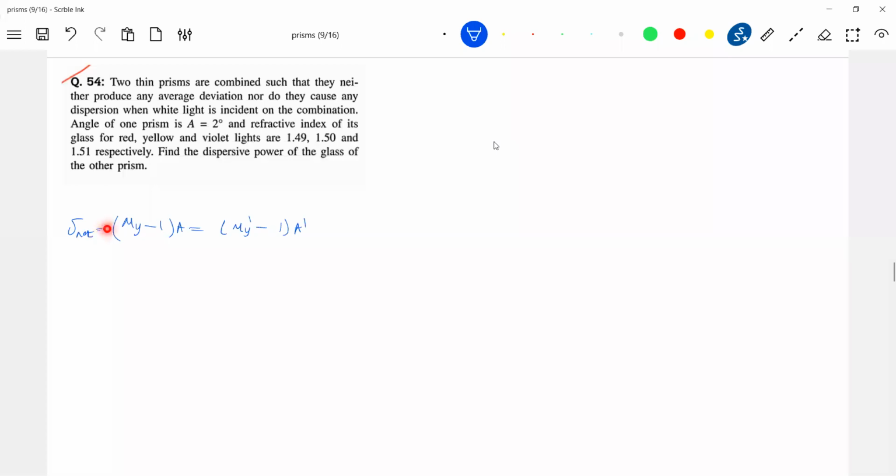Let me write the symbol. Therefore, mu y minus 1 into A equals mu y dash minus 1 into A dash. So that's equation 1.